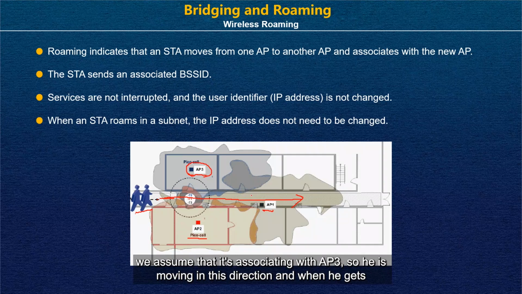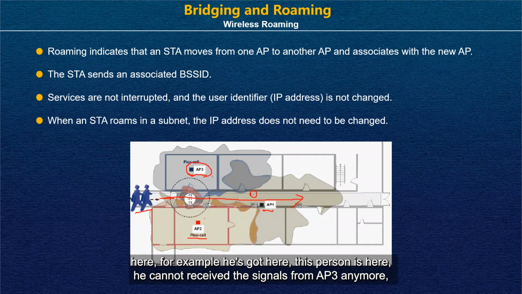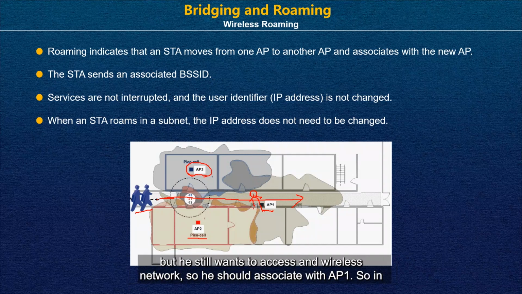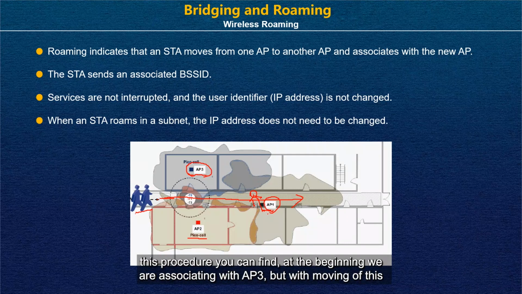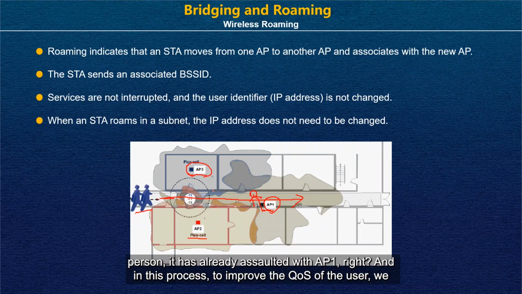When he gets here, he cannot receive the signals from AP3 anymore, but he still wants to access a wireless network. So he should associate with AP1. So in this procedure, at the beginning we are associating with AP3, but with the moving of this person, he has already associated with AP1, right?